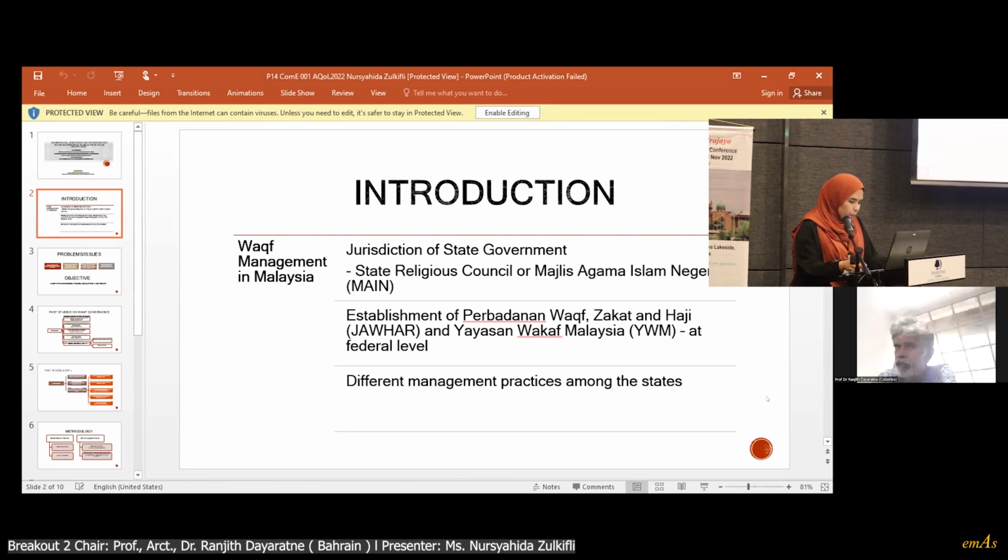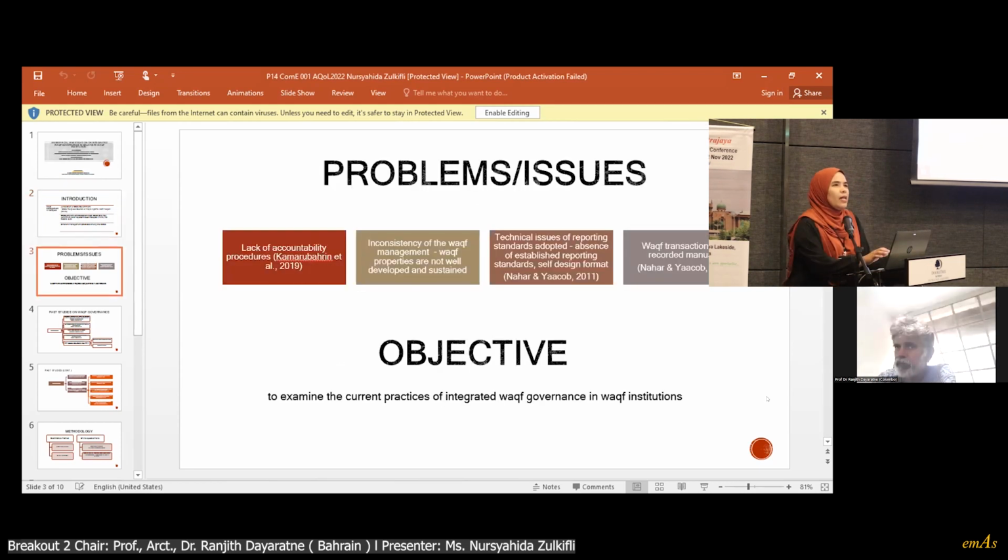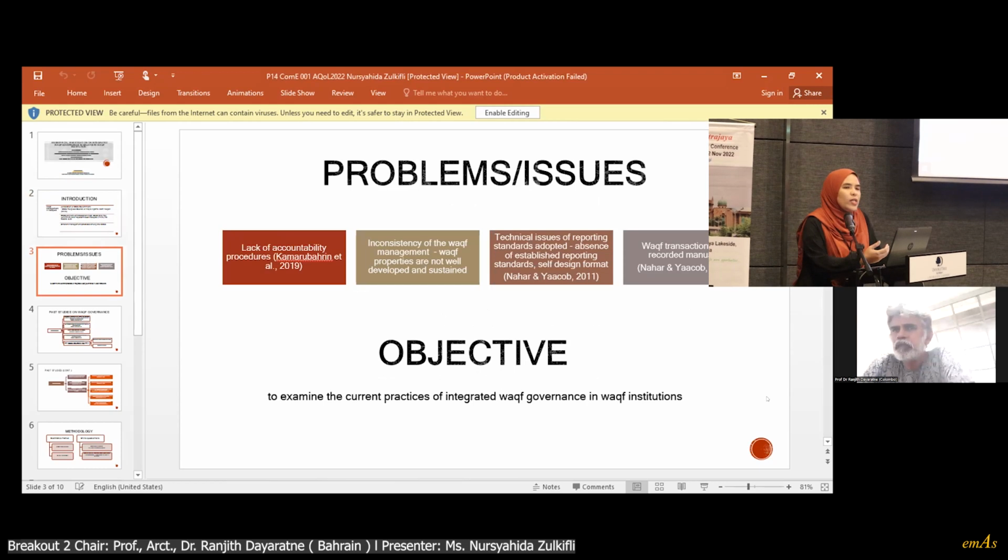Then, the significance of this study, or why we need to study wakaf governance, is that wakaf provides a lot of benefits, especially for the economy and social development of Muslim society in Malaysia.